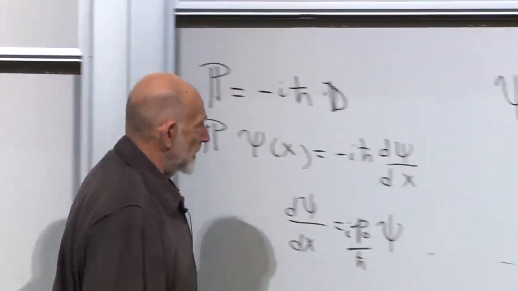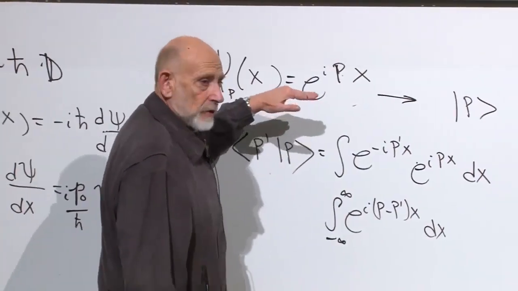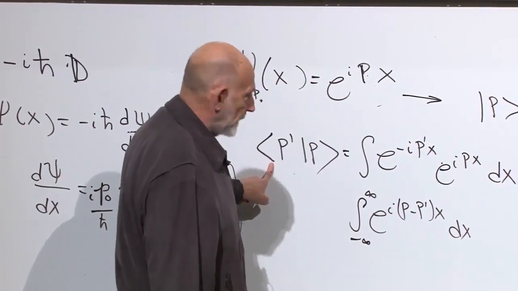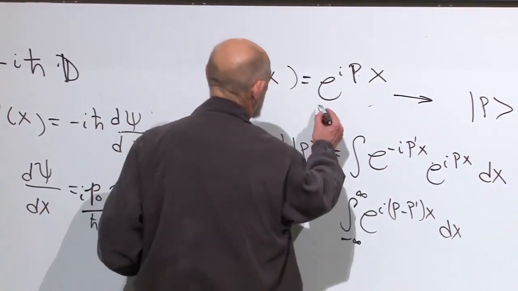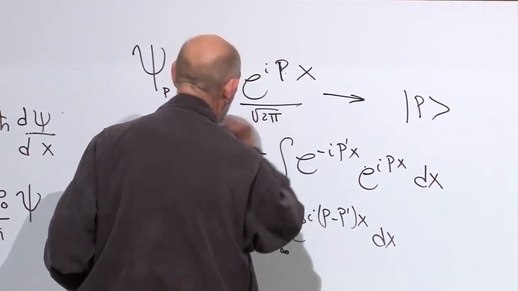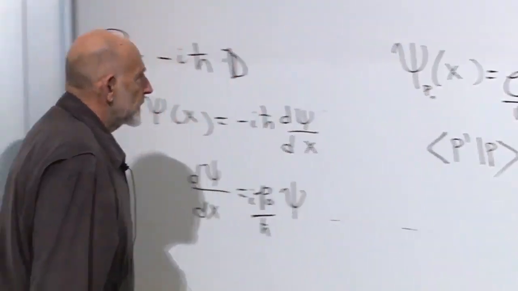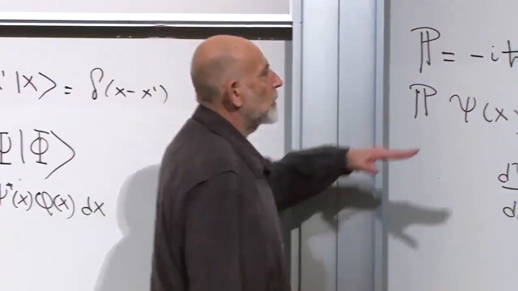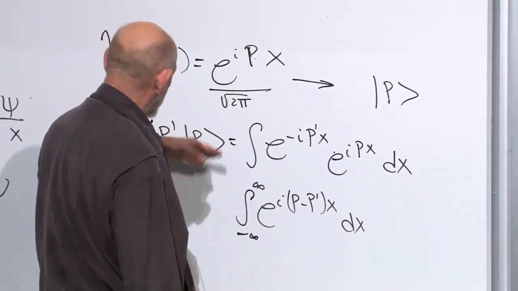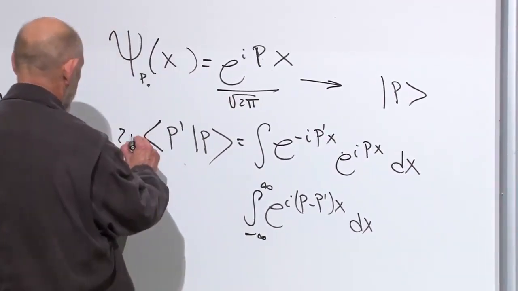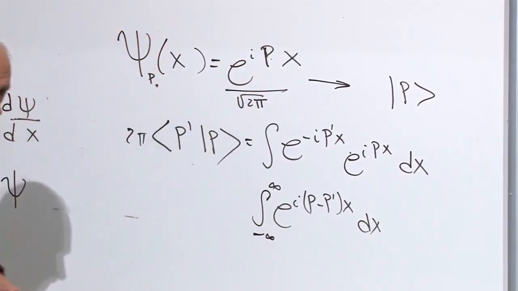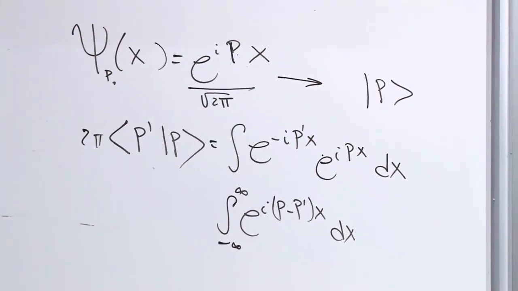The upshot of this is just that in order for this to be normalized, so its inner product is a real delta function, you have to divide by the square root of 2 pi. Big deal. This is the wave function for a particle of momentum p. We now know what the wave functions of particles of momentum p are.